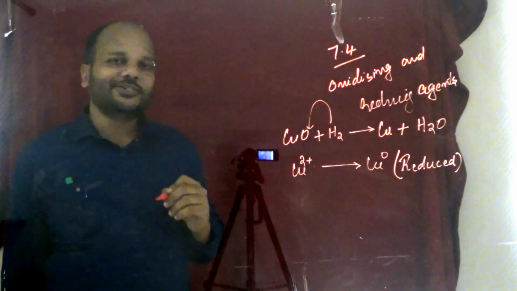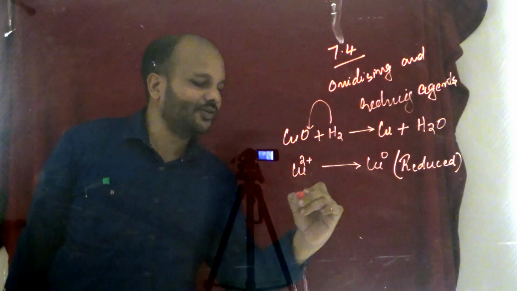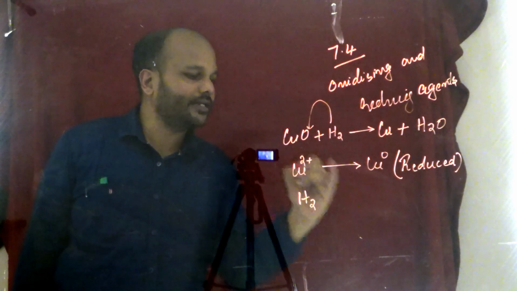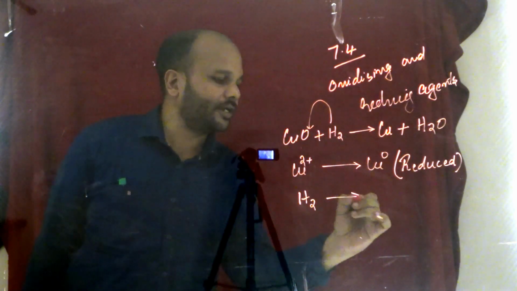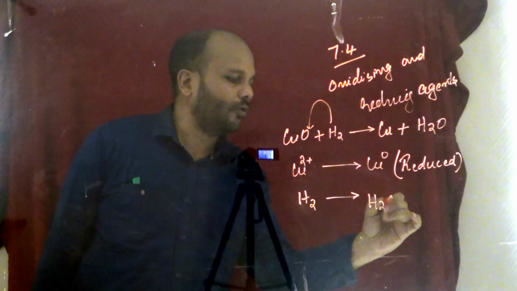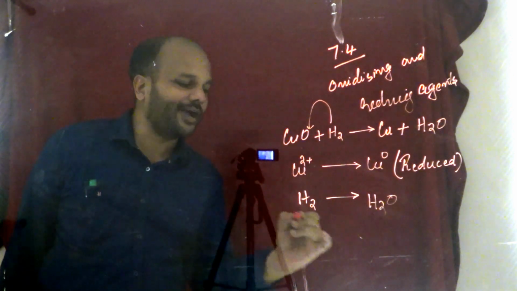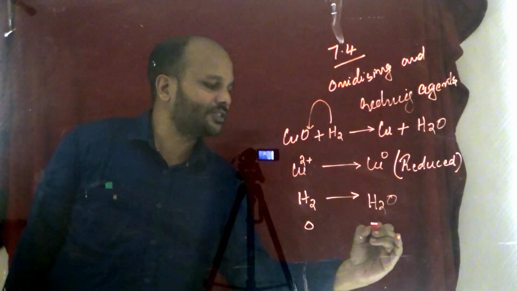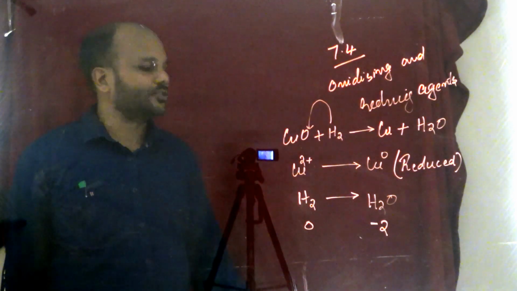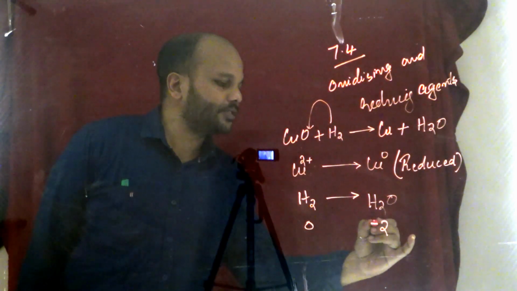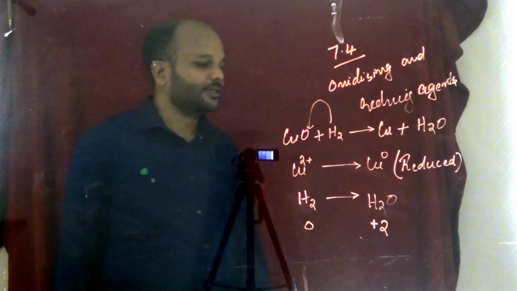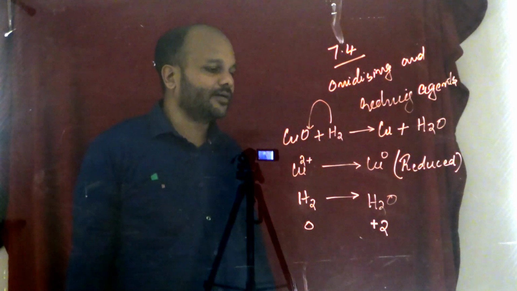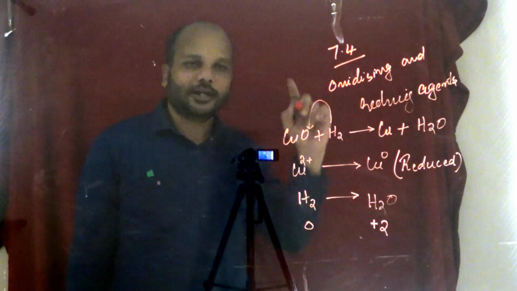Now we can consider hydrogen and see what is happening with it. When it is reacting with oxygen, it is going to be H2O. So the oxidation state of hydrogen is 0, and when it is part of H2O, its oxidation state is going to be +1.